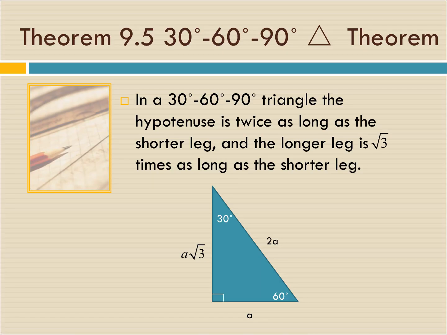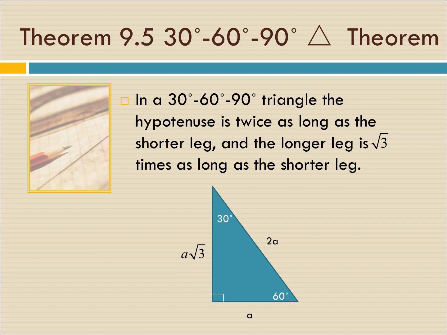The next theorem, or the next special right triangle, is called the 30, 60, 90 triangle. And in this triangle, the hypotenuse is going to be twice as long as the shorter leg, and the longer leg is going to be the square root of 3 times as long as the shorter leg. Now you may say, well, how do I know which one's the shorter or the longer?